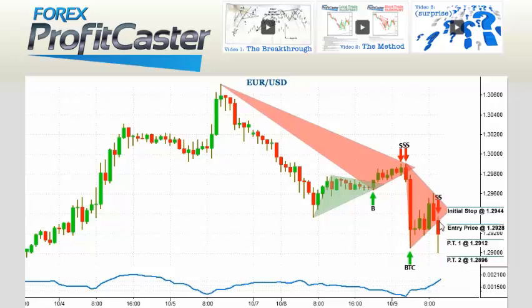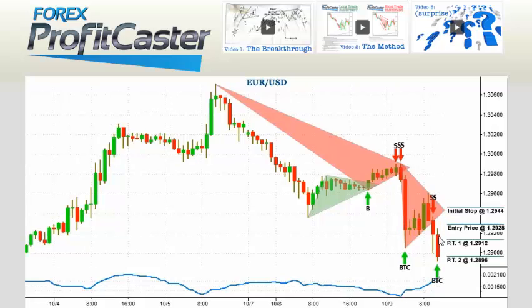If not, we'll be stopped out on the second half position at break even or a little bit in the money, but a smaller profit than on the first half. Either way, no matter what happens, we know what to do ahead of time. So we're just going to leave it at that and enjoy the quick profit on the first half position, and we'll come back in an hour and see what transpired.